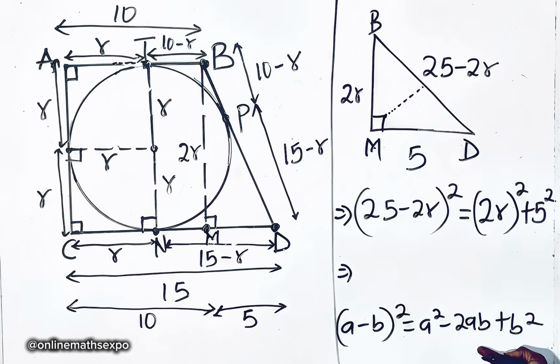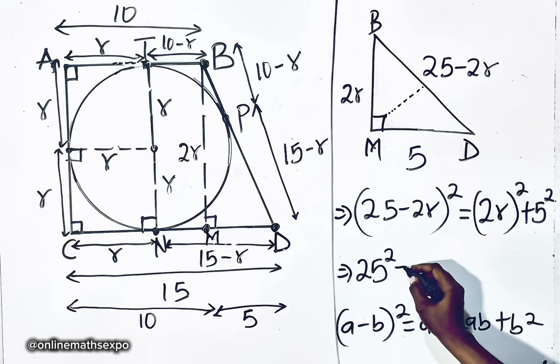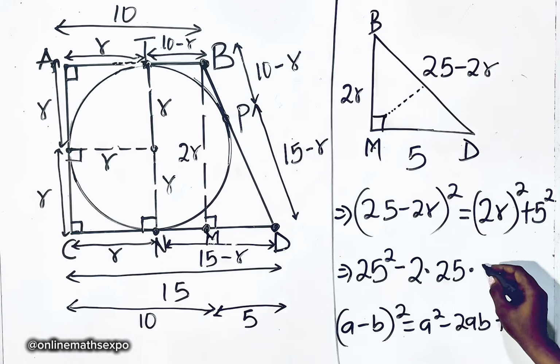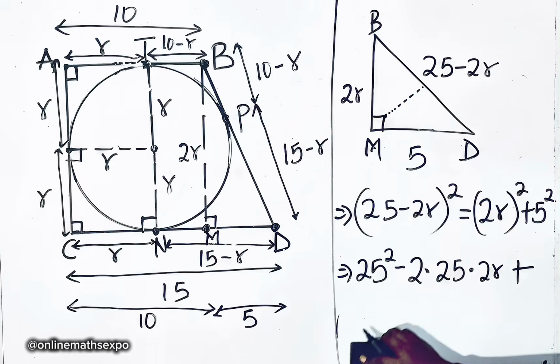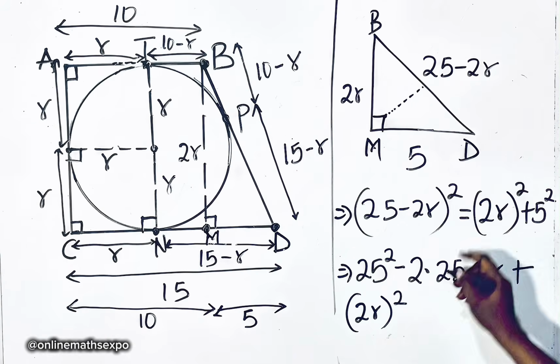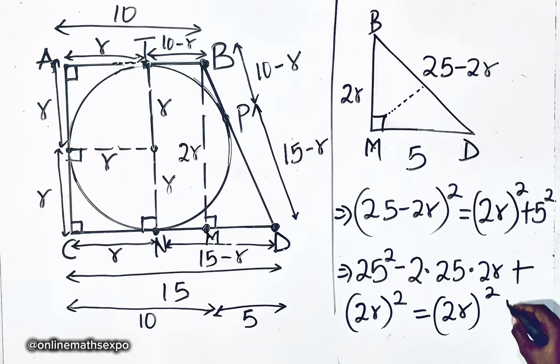Let's apply this algebraic identity here. So we have 25 squared minus 2 times 25 times 2R, plus (2R) squared, equal to (2R) squared plus 5 squared, which will give us 25.